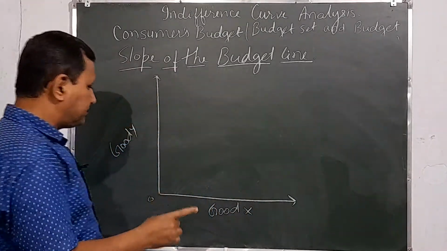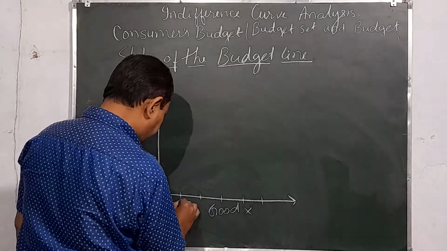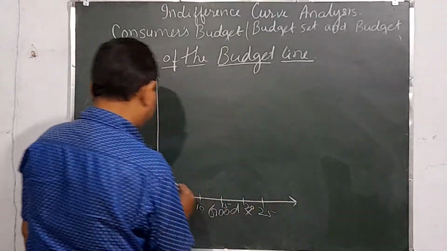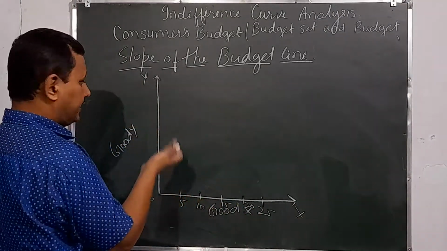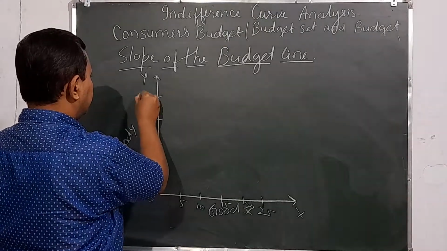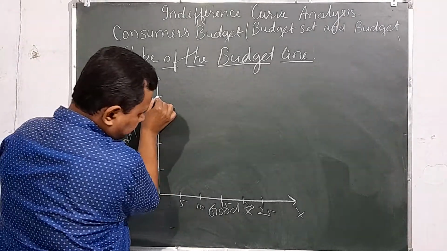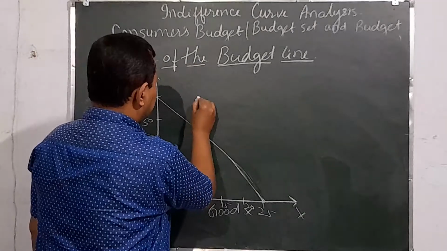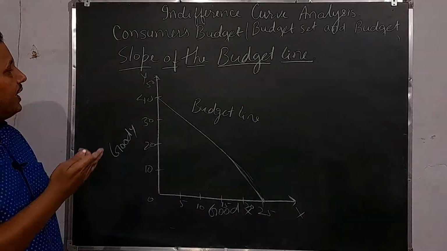Here again I have taken two goods, good X and good Y. On the X axis, various quantities of good X have been represented: 5, 10, 15, 20, 25. On the Y axis, various quantities of good Y have been represented: 10, 20, 30, 40, 50. So this is your budget line.